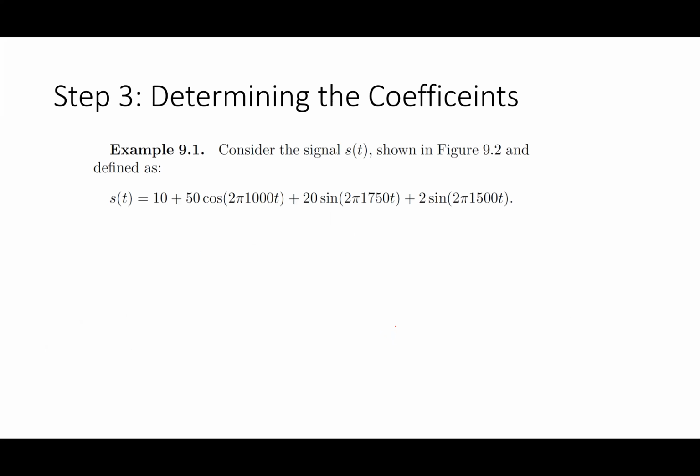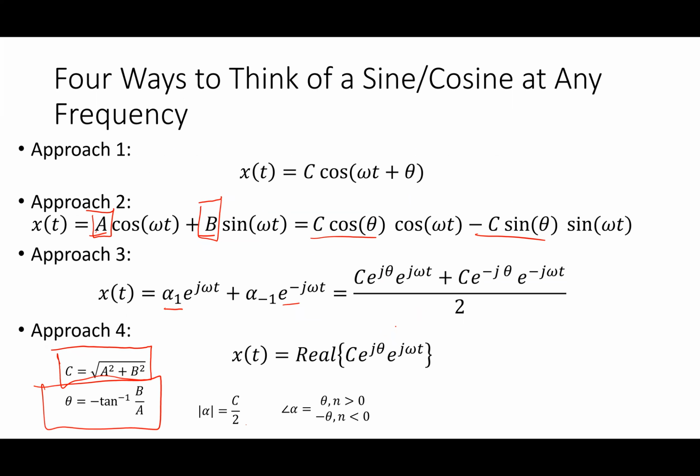And then what I can do is, using these equations here, basically using the trig identity, if I know this form of the series, I can figure out what C and theta are, right? So that is basically the process, right? So I'll post a more complete example of this, all right?